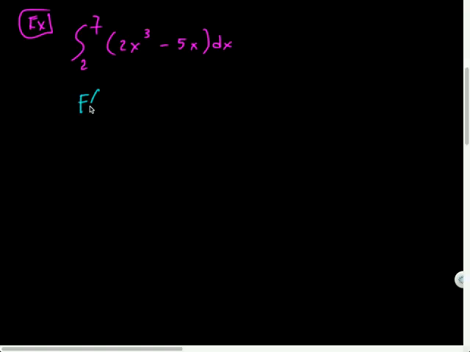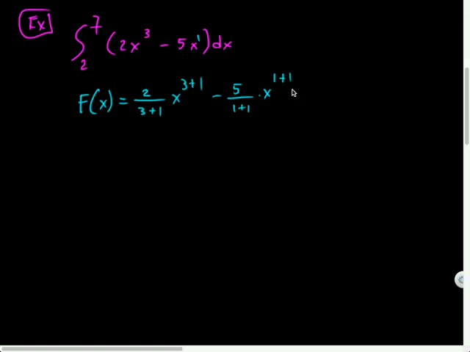So let's figure out, so there's f of x. So what is cap F of x? Do you guys recall? So let's see. I would take the 2 and divide by 3 plus 1 times x to the 3 plus 1, minus 5 divided by 1 plus 1 times x to the 1 plus 1, right? Yeah, I'm writing it all out, but you wouldn't have to.